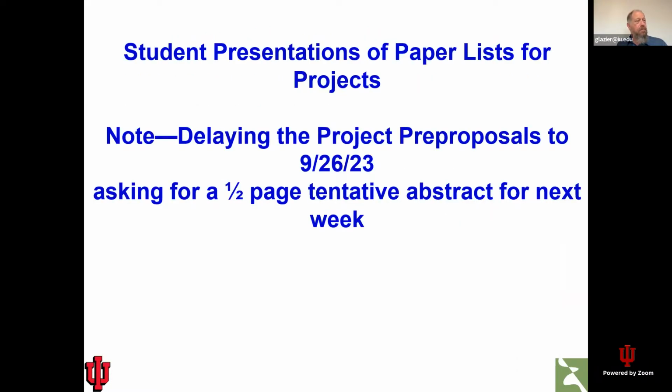So I'd like to start out by having people talk a little bit about their paper lists. I've given you a series of assignments of looking at papers, thinking about things in the hope that you find something that's interesting to you. The goal is that you should feel free to change your mind about what you want to do between now and whenever you decide to start on it.